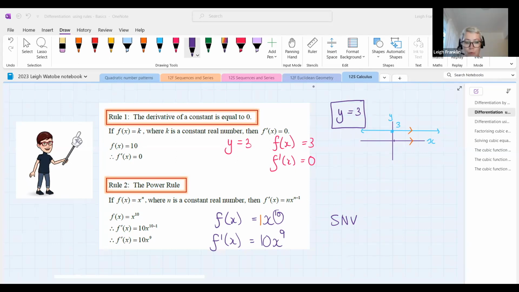Okay, so our power rule, I'll just write it on the side over here. The first thing that we are doing is multiplying our exponent with our coefficient.